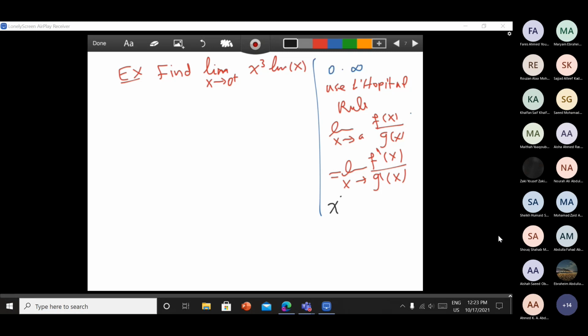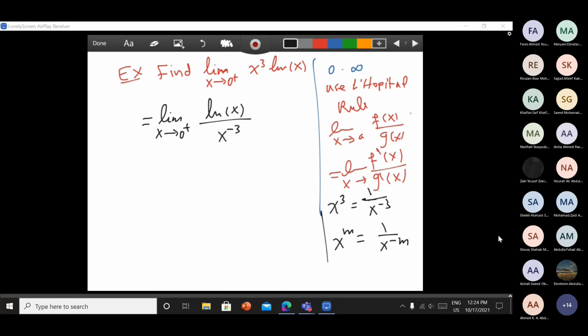I know x to the power 3 is 1 over x to the minus 3. So it is easy to get this down with a negative power instead of the positive power. So I will have the limit when x tends to 0 from the right side. I leave ln x here, get this down, and change the sign of the power, by the power rule: x to the m is equal to 1 over x to the minus m.